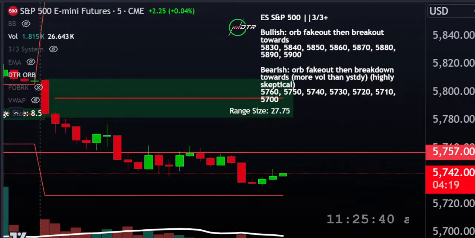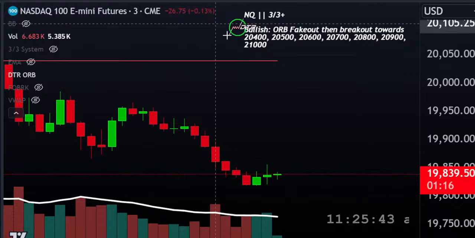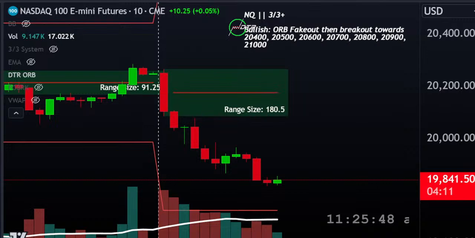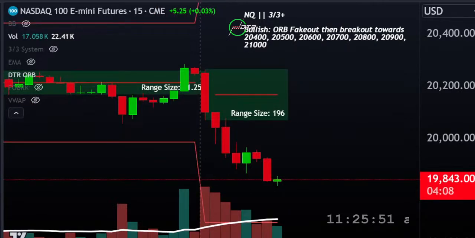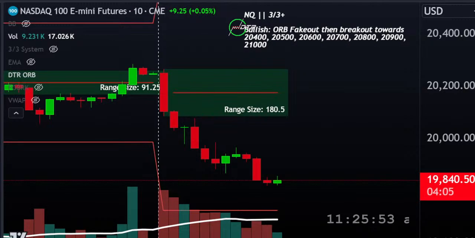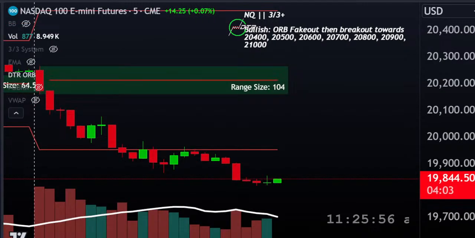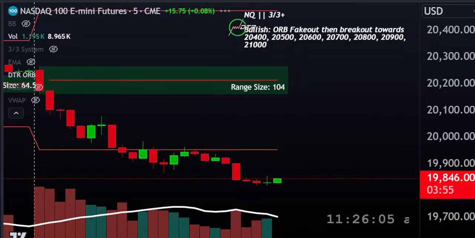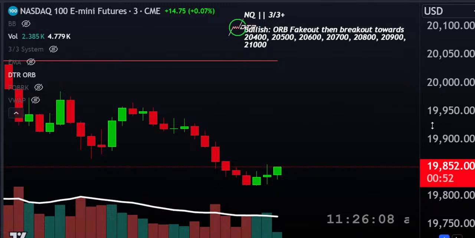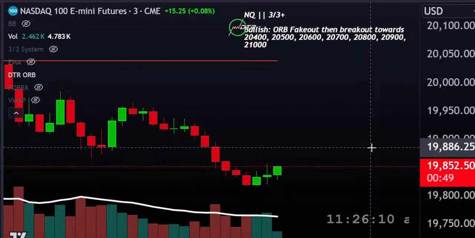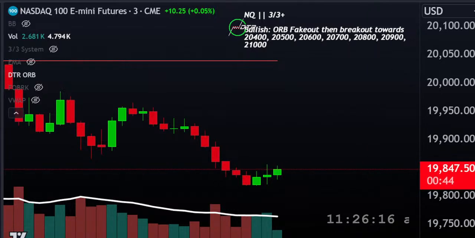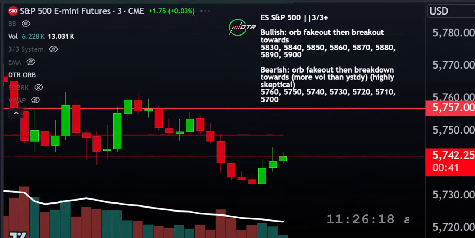It's very annoying. So we need to hold above 57 on increasing volume. Yeah, it's very annoying.